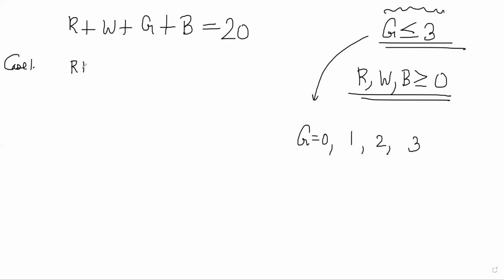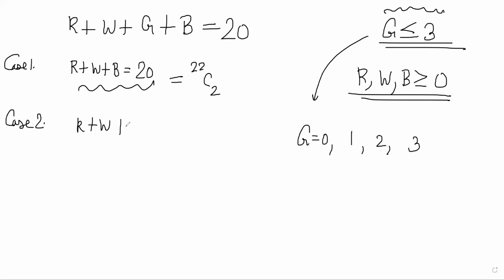If G is 0, first case, the equation is R plus W plus B is 20. How many ways can this be done according to the stars and bars method? It will be 22C2. That is the answer for this. Case 2 would be R plus W plus B, but G was 1, so it is 19.